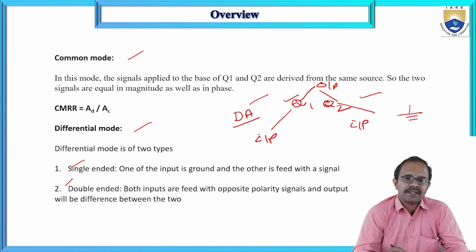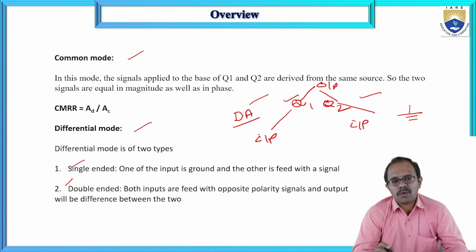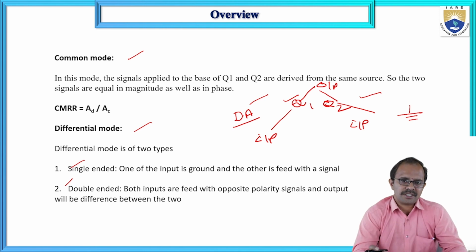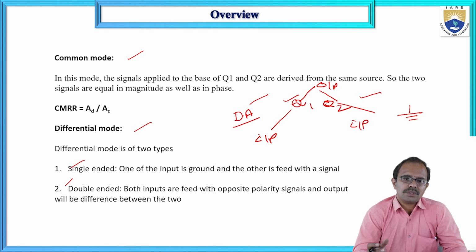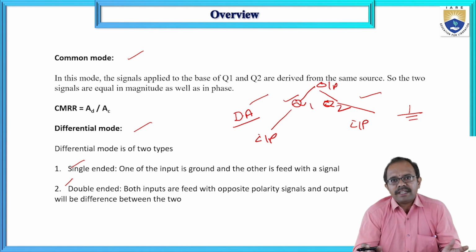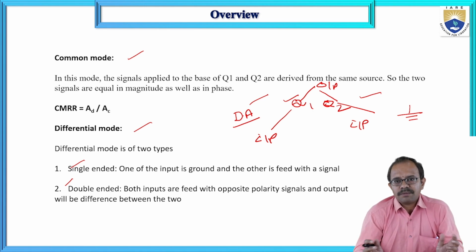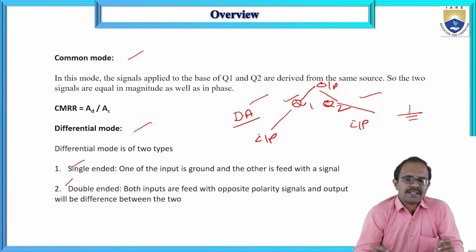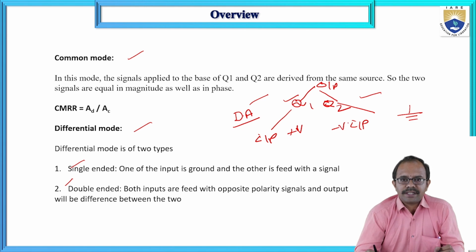This is called double-ended operation of the differential mode. So in double-ended, both the transistors get the input, and they differ in polarity: Q1 will get a positive signal and Q2 will get a negative polarity signal.